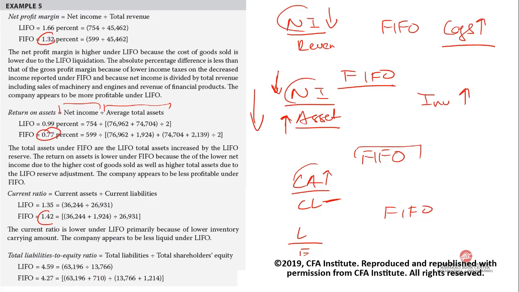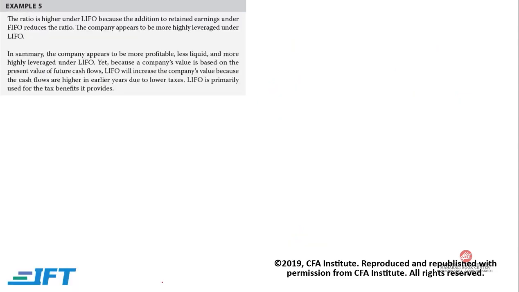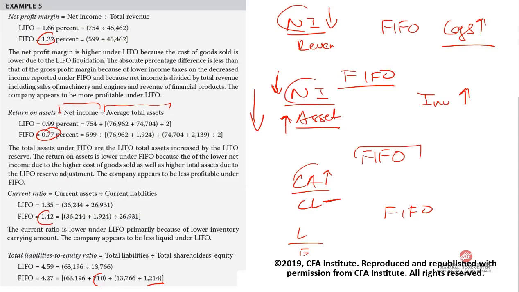So liabilities will go up by 710, and your shareholder equity is also going up by 1214. So the impact would be that the denominator is increasing by a higher amount, and this liabilities to equity ratio is going down.